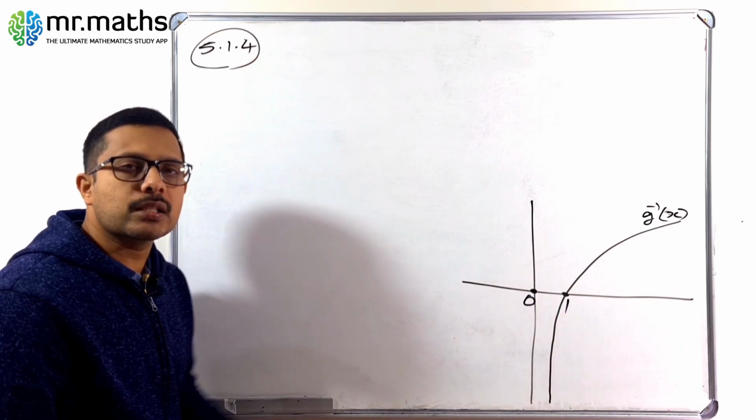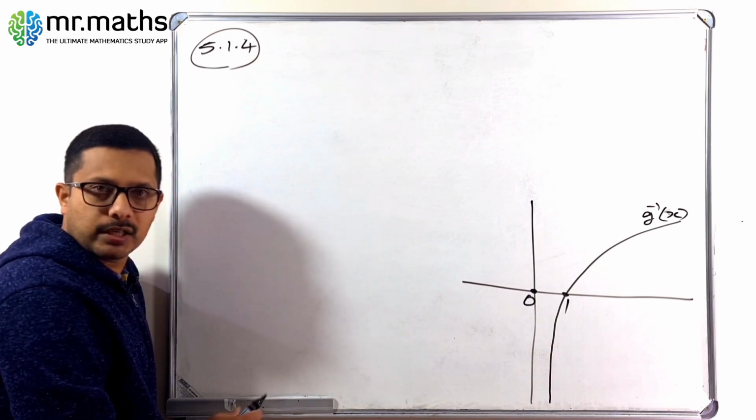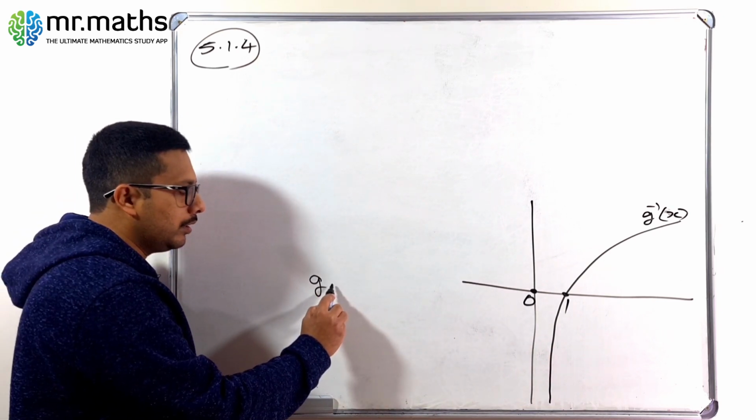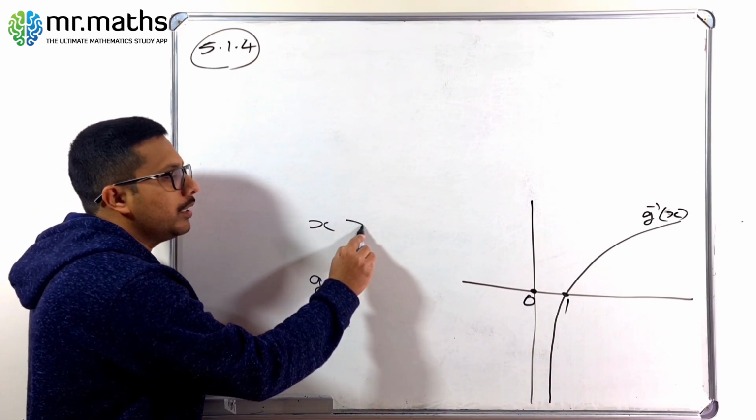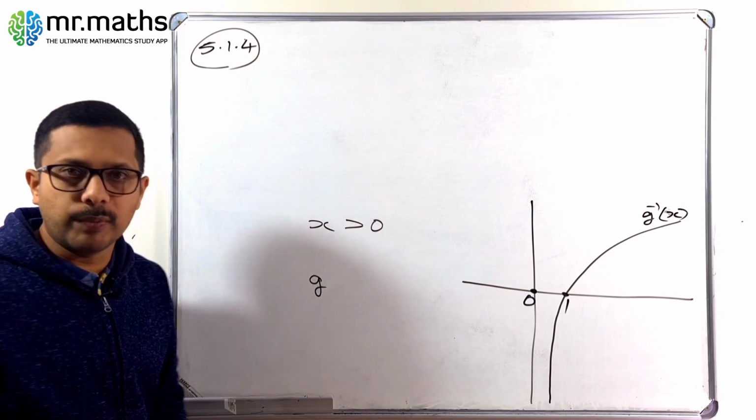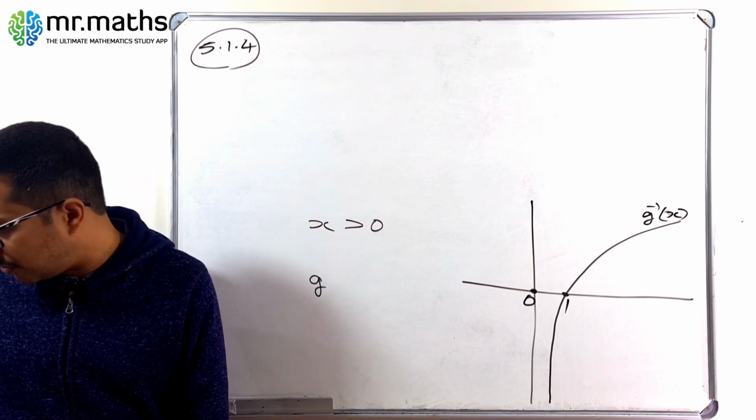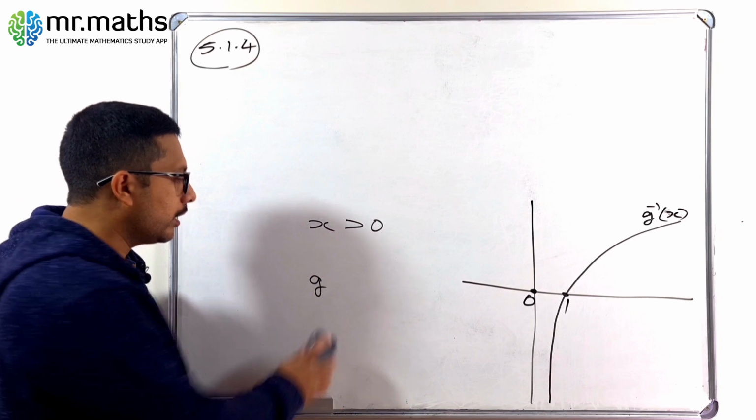So if somebody asks what is the domain of the g inverse of x graph, what you are supposed to write is: domain, x is greater than 0. You must write x greater than 0, not greater than or equal to.